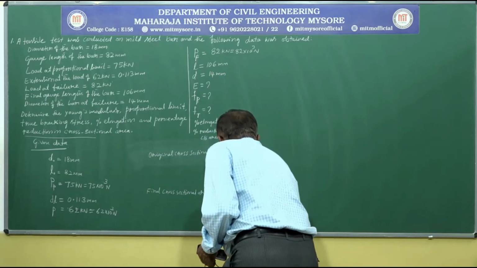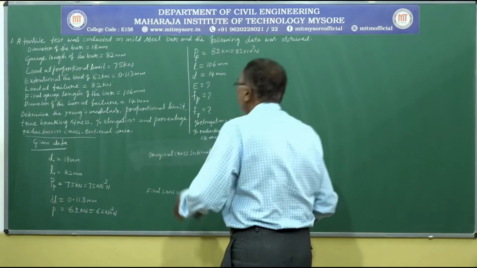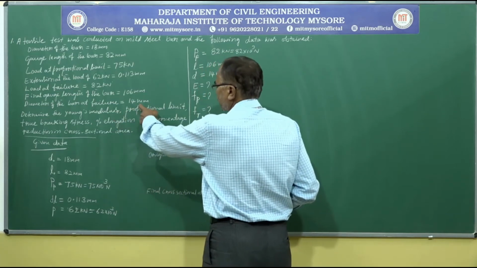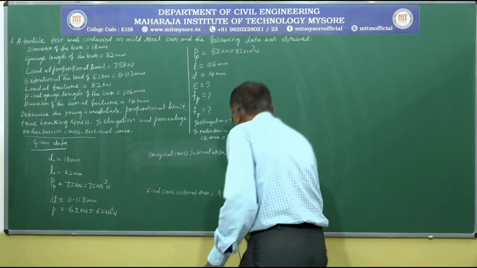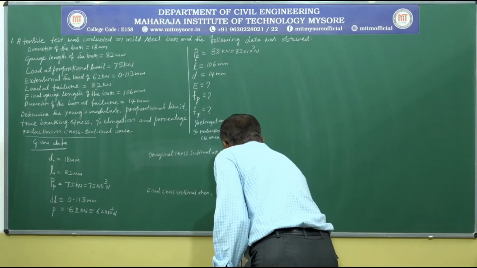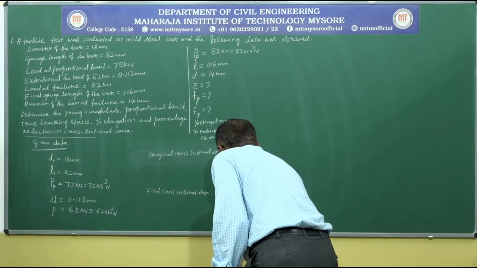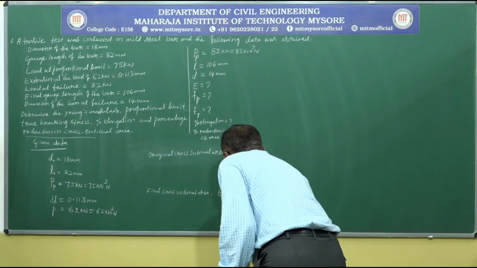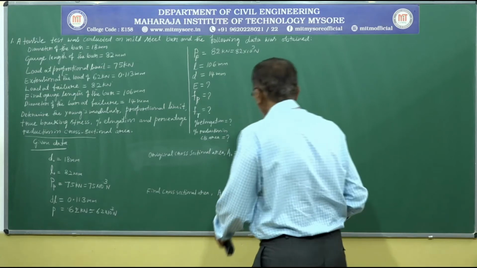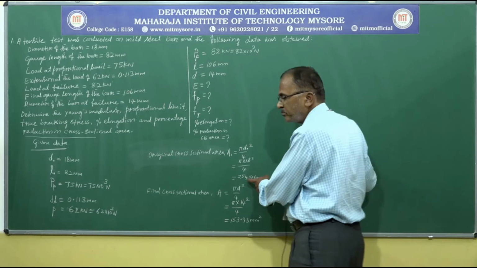We have to use the diameter of the bar at failure, so pi into 14 square divided by 4, that gives us 153.93 millimeter square.